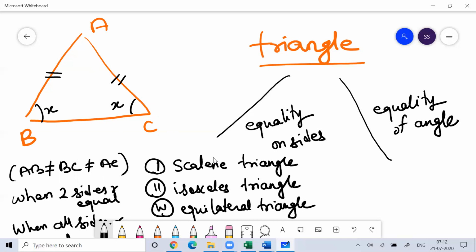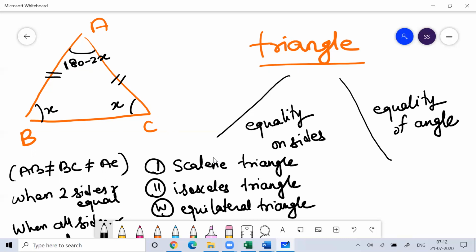Imagine these two angles are x and x, so automatically this angle will be 180 minus 2x, because the interior angles of a triangle should sum to 180 degrees.